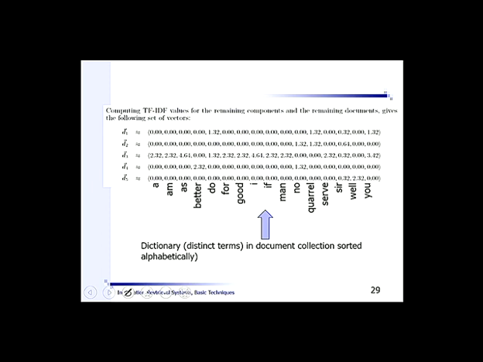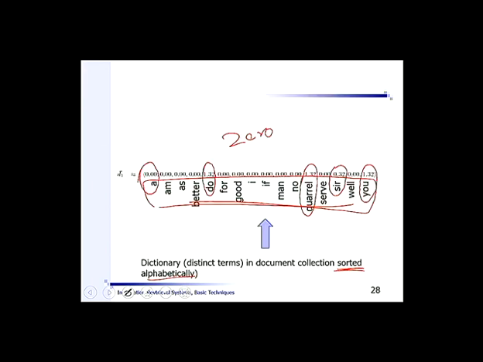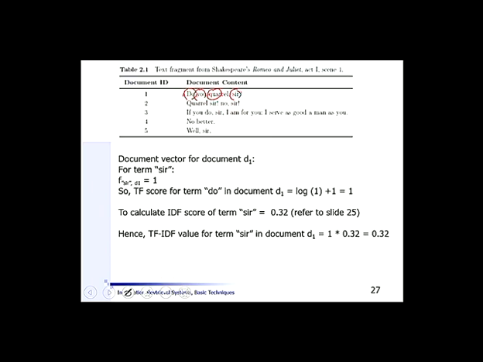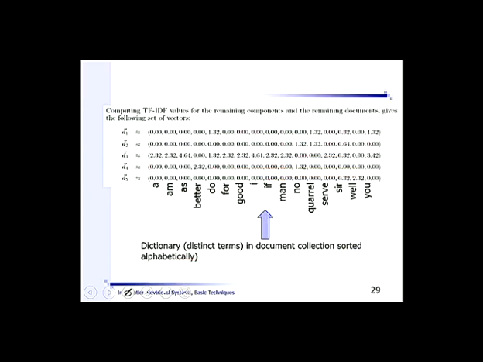Here you can see we have developed vectors for all the documents in the collection. For example, let's take document number 4. Document 4 has only 2 terms, "no" and "better". So it has only 2 non-zero components, one referring to "no" and the second referring to "better".